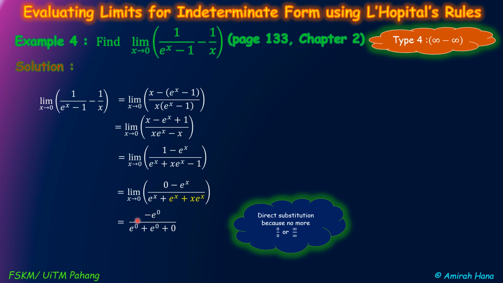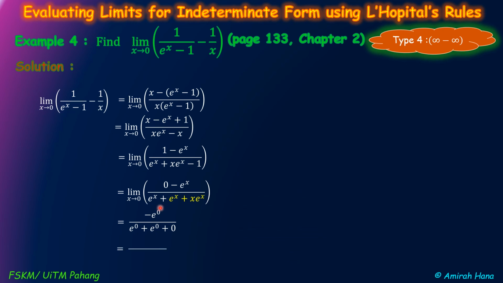So from this step, we need to use direct substitution. We substitute 0 into variable x, so we have negative e to the power of 0, which is negative 1, and in the denominator e to the power of 0 is 1 plus e to the power of 0 is 1, and the final answer is negative 1 over 2. No more indeterminate form.